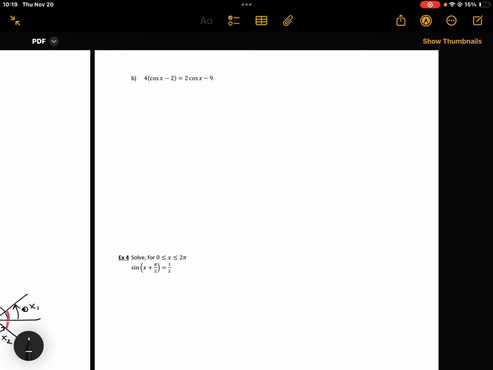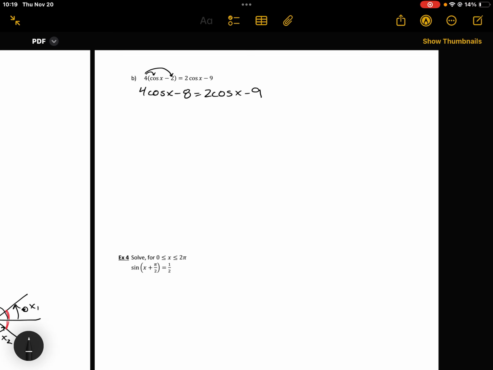Example 3 involves some more algebra involving cosine functions, but the idea is still to try and isolate x. In order to do that, I'm going to distribute to get rid of the brackets. So I've got 4 cos x minus 8 equals 2 cos x minus 9.